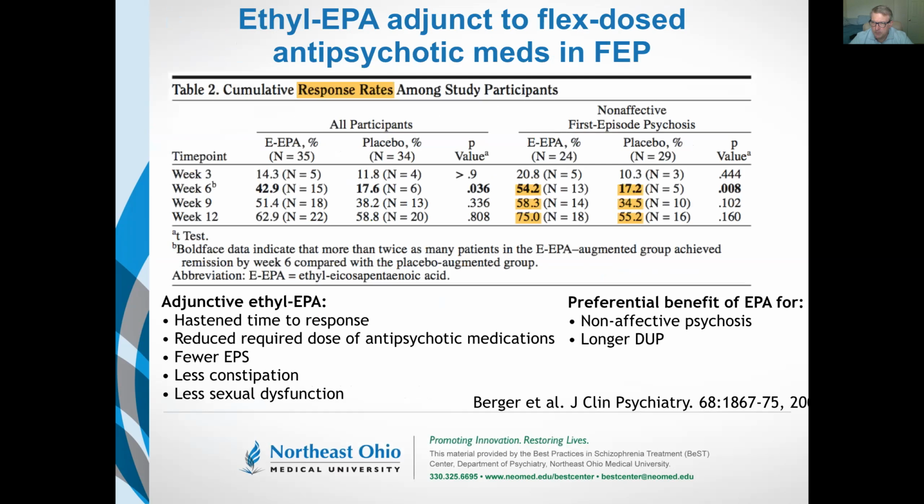They found specifically that giving EPA adjunctively to standard antipsychotic medications resulted in a more rapid response time, a lower required dose of antipsychotic medication, as well as, interestingly, fewer extrapyramidal side effects, but that probably is related to needing a lower dose. And interestingly, the group more likely to respond to the EPA were the ones we regard as the hardest to treat, those that had non-affective psychosis and those that had a longer duration of untreated psychosis.